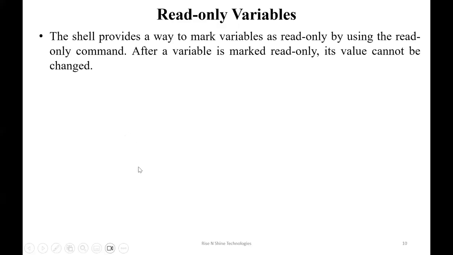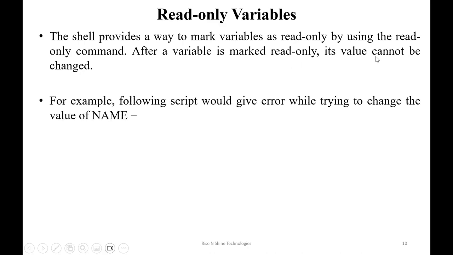So for read-only variables, the shell provides a way to mark variables as read-only by using the readonly command. After a variable is marked read-only, its value cannot be changed. For example, the following script would give an error while trying to change the value of name. Suppose name contains some value, and you mark it as a read-only variable.